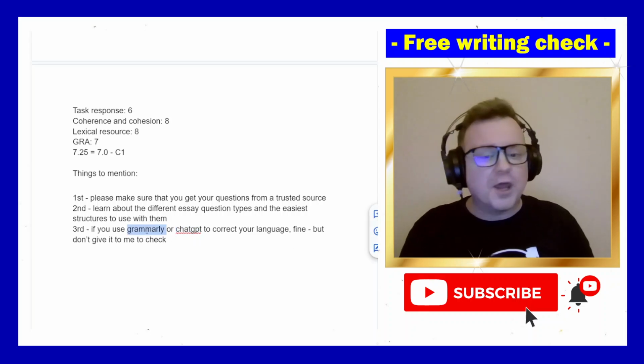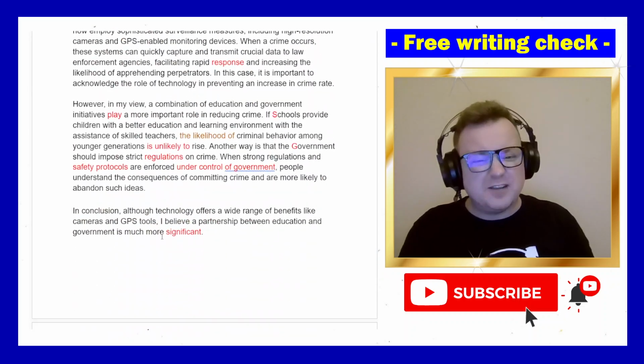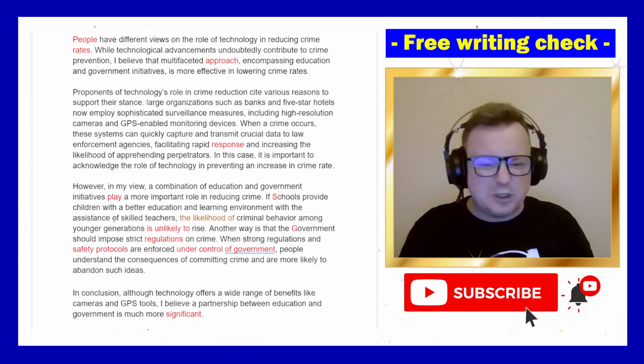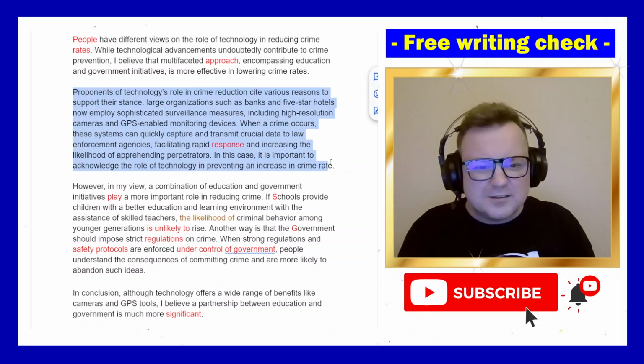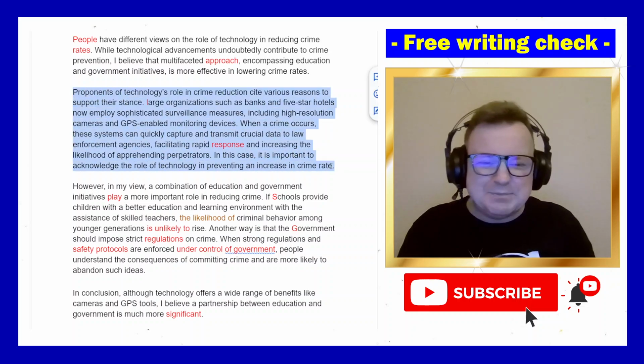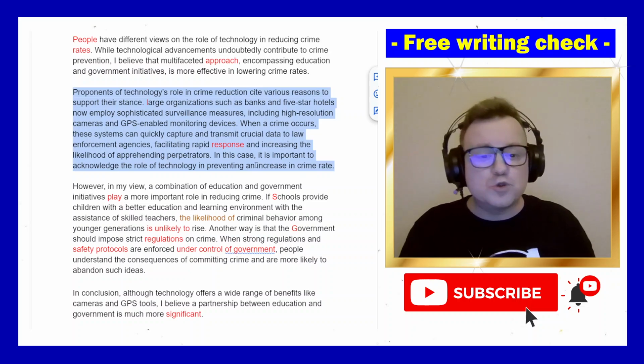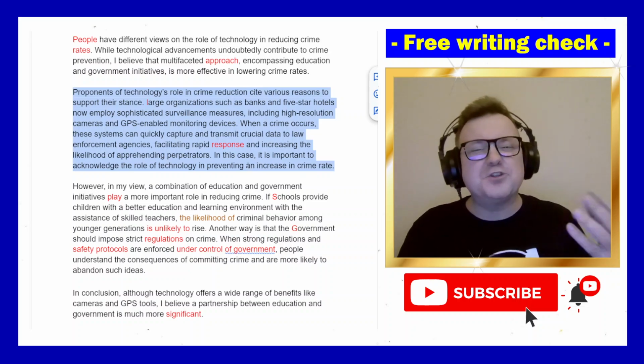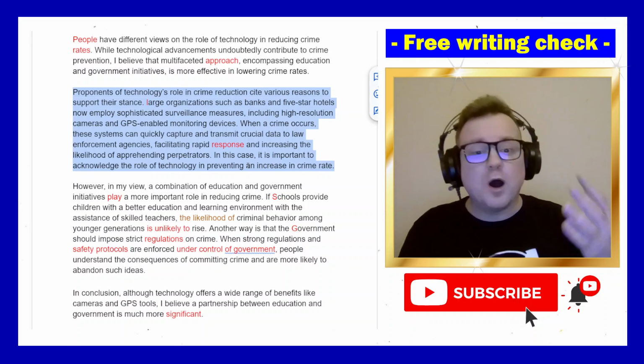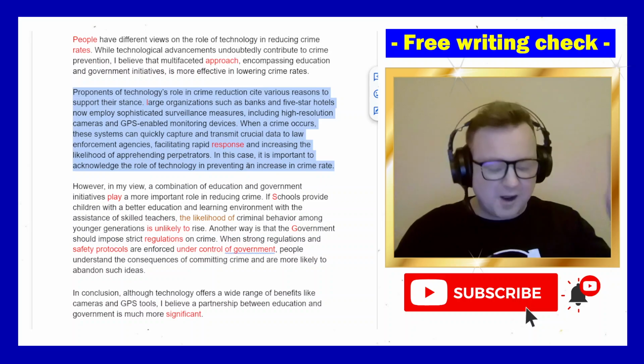I don't know 100% if that's true, but I've used ChatGPT a lot, and when I look at this paragraph, to me, that looks not like a candidate's writing. That looks like they've got it from somewhere else. So absolutely fine. Use those tools to help you, but don't lie to yourself if you are using them. If you're not using them, fine, absolutely wonderful.